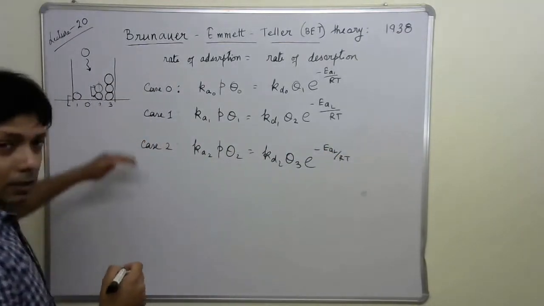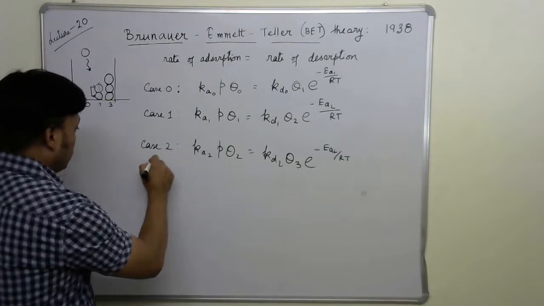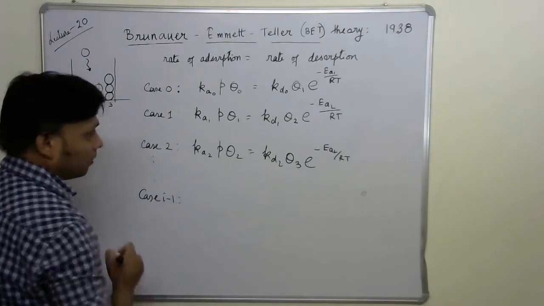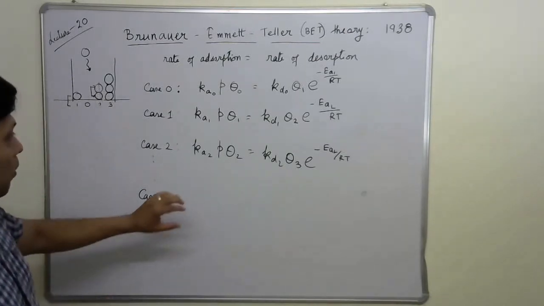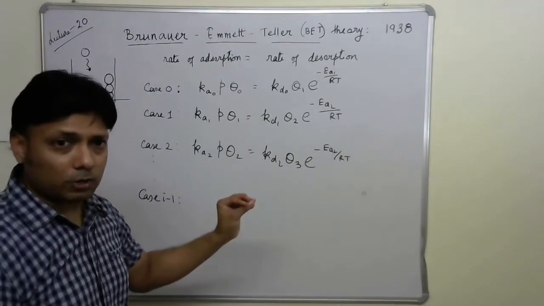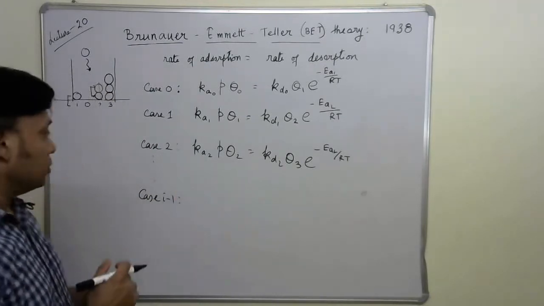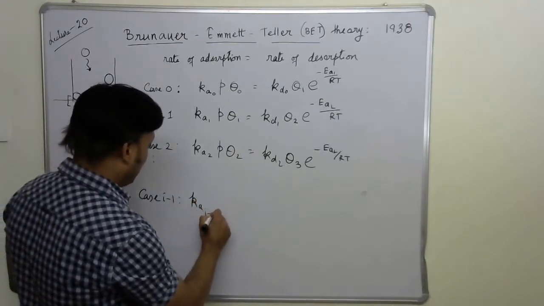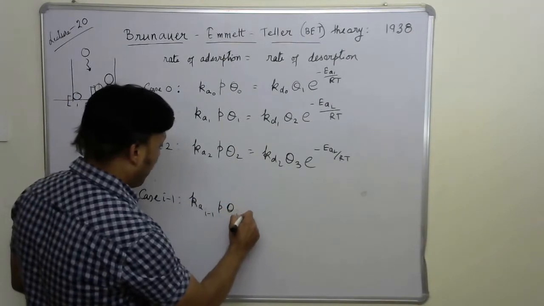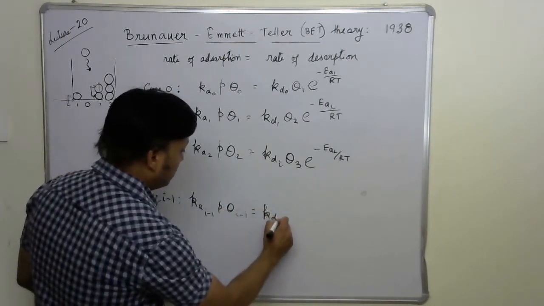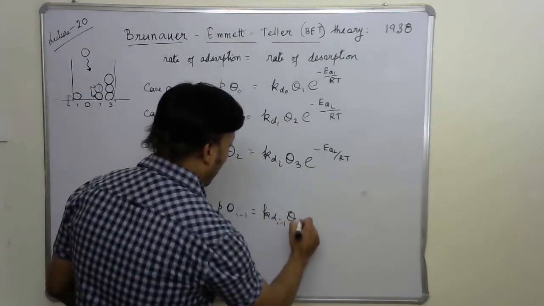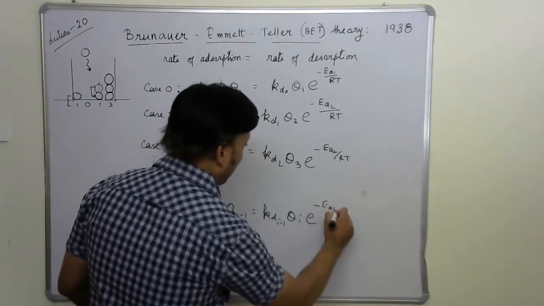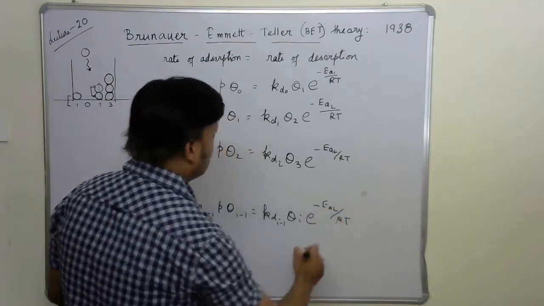So likewise, similarly here we can find the case of i minus 1. Why are we writing i minus 1? Because I want to find a general expression involving theta i. So for case i minus 1, we can arrive at Ka i minus 1 P theta i minus 1 is equal to Kd i minus 1 theta i multiplied by e to the power minus EAL divided by RT.